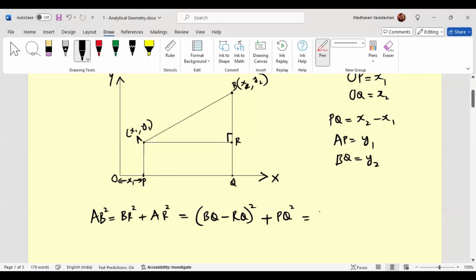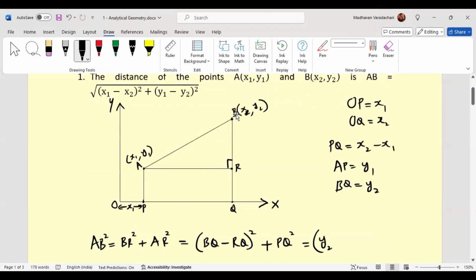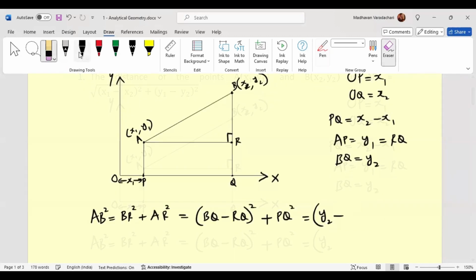Now BQ, we already know, is y2. RQ: AP is the same as RQ, so RQ is already known to be y1. We can say y1 the square.